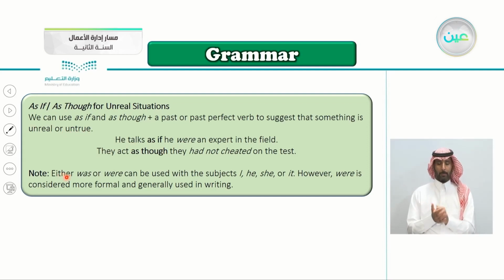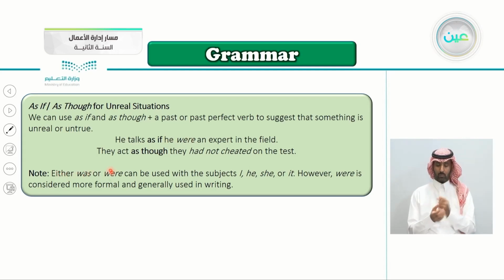A note here, either was or were can be used with subjects, just like here, were. Again, either was or were can be used with the subjects I, he, she, or it. So he can be were or was. This is the note here.